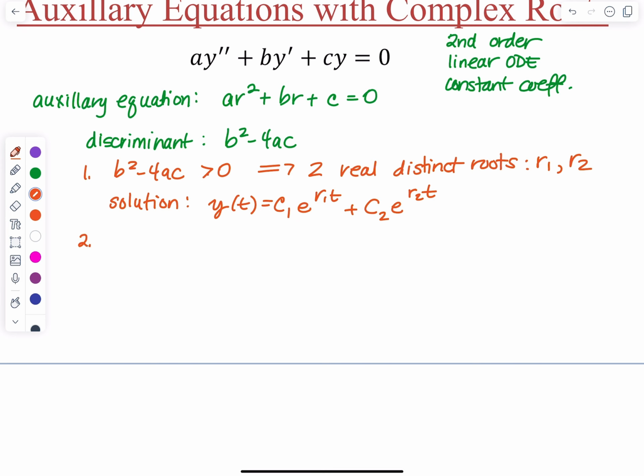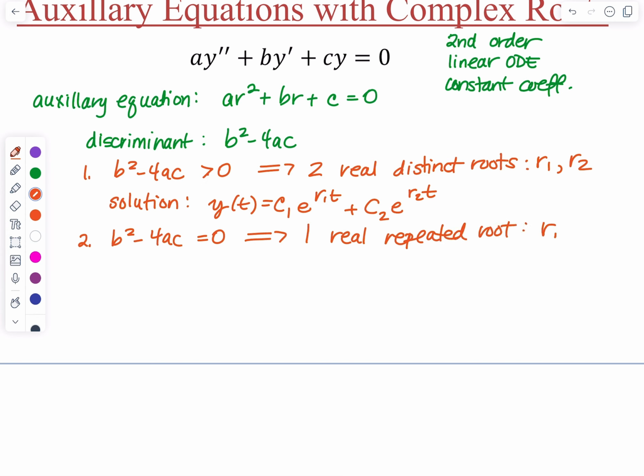The second case is when we come up with the discriminant equal to 0. And in that case, we had one real repeated root. And in that case, we just called that root r1. Actually, we could just say r.